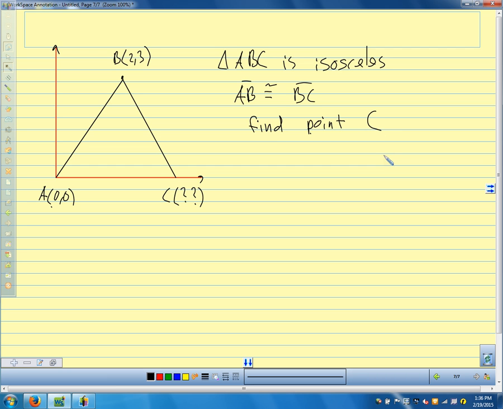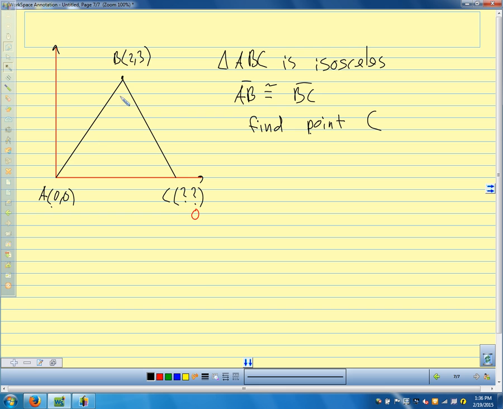One of the coordinates is really easy. How far up is it? 0, right? So this one has to be 0. How are we going to find how far over? Well, we could use the distance formula, right?